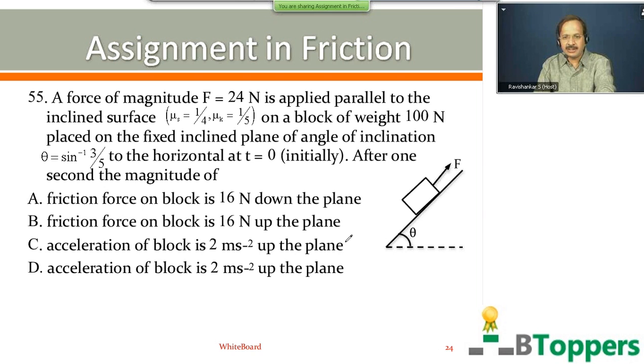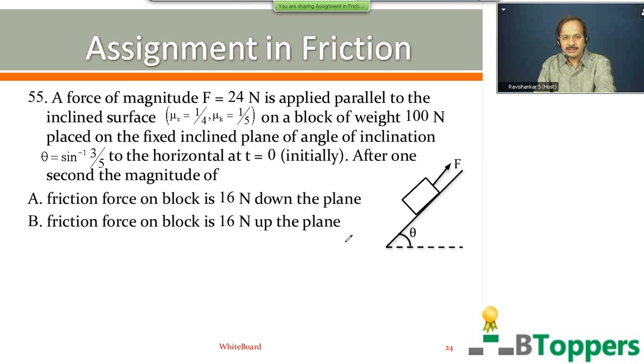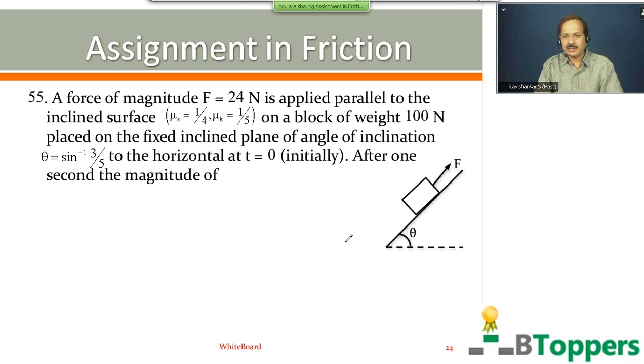So you must recollect the discussion I have done in special case 2 and special case 3 for motion on the rough inclined plane. If a block is placed on the rough inclined surface of a fixed inclined plane, here tan theta is more than the coefficient of static friction.